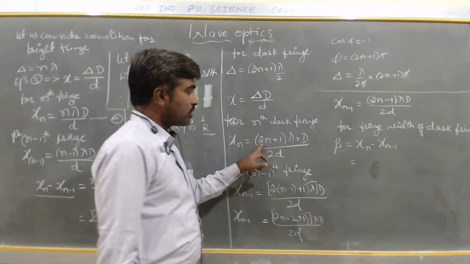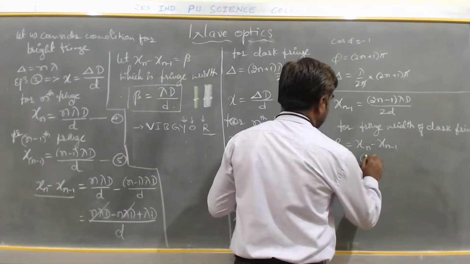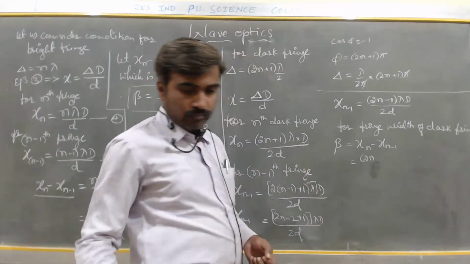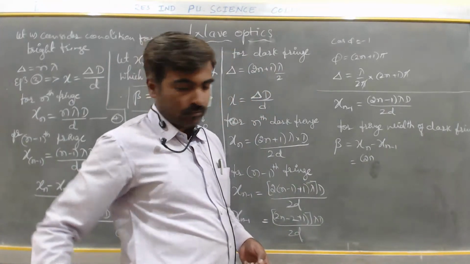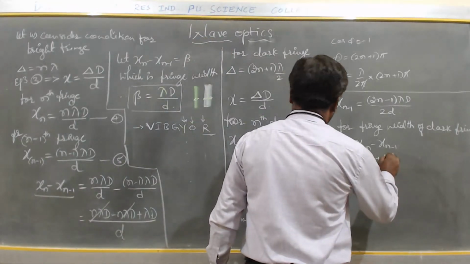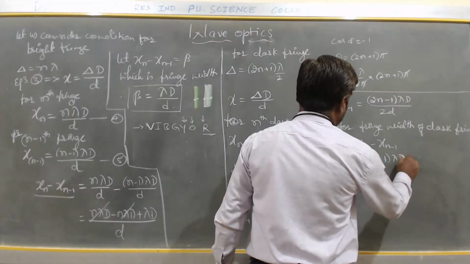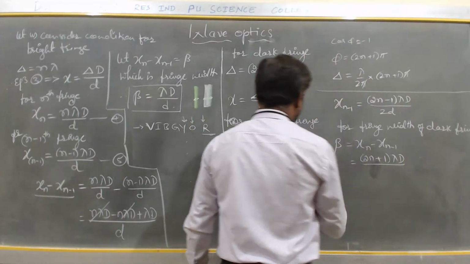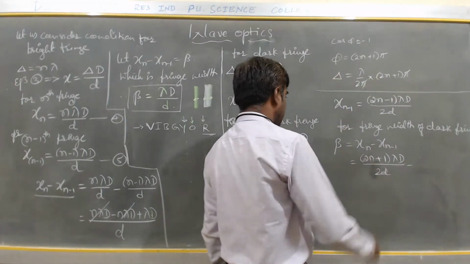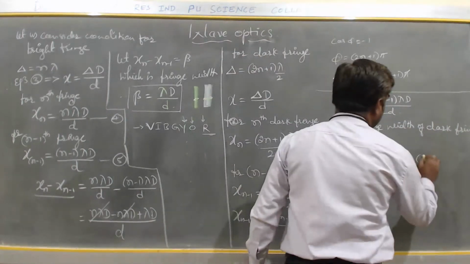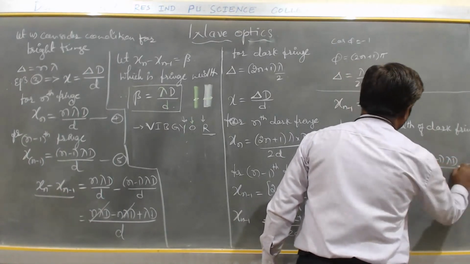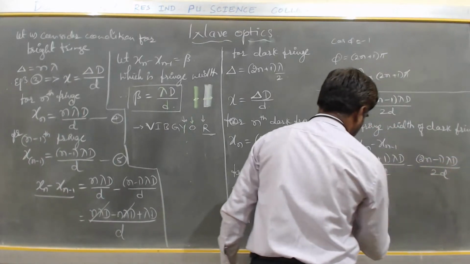The xn value is (2n plus 1) into lambda D divided by 2d, minus xn minus 1, which is (2n minus 1) into lambda D divided by 2d. 2d is the LCM.